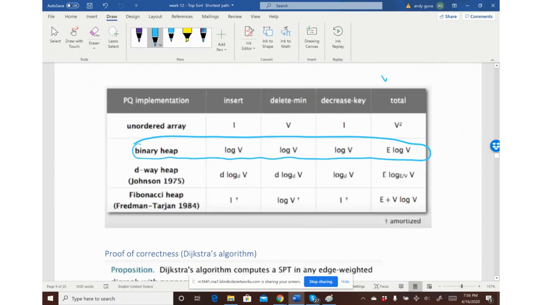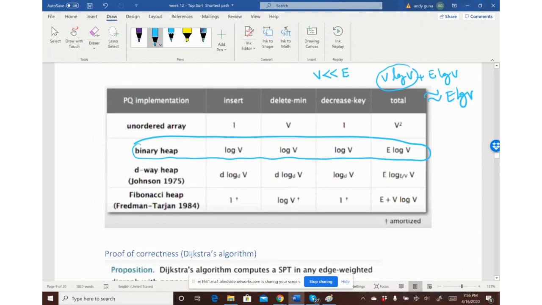What we had was V log V plus E log V. V is typically a lot smaller than E because you have a lot more edges than vertices, and therefore E log V can absorb the V log V term. This is roughly E log V.